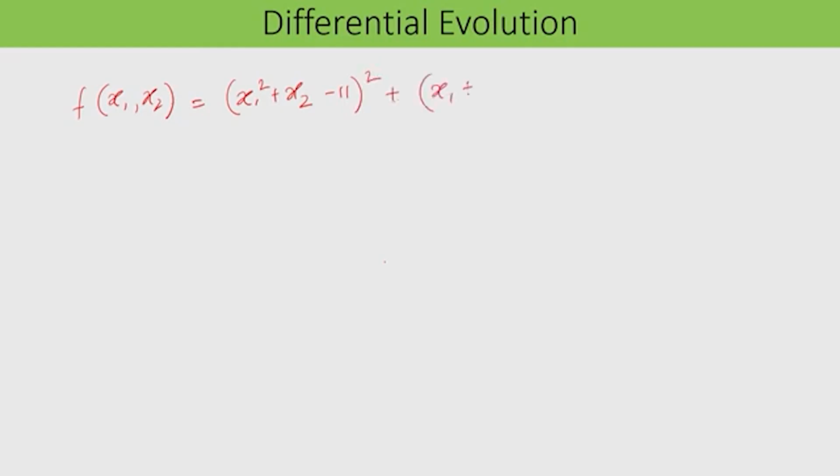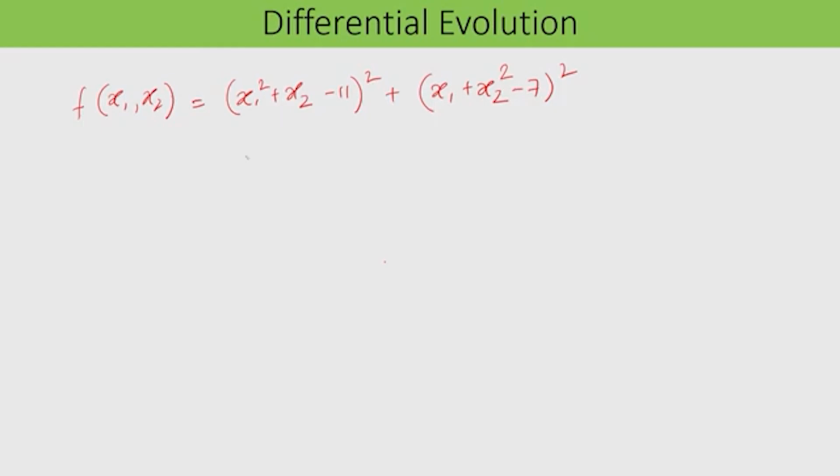In this case, I will be using this function first, f of x1, x2, which is equal to (x1 square plus x2 minus 11) whole square plus (x1 plus x2 square minus 7) whole square.